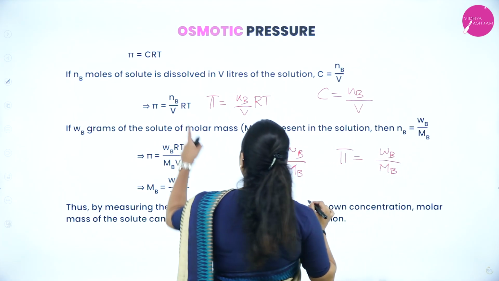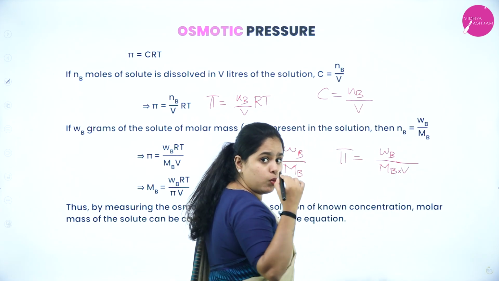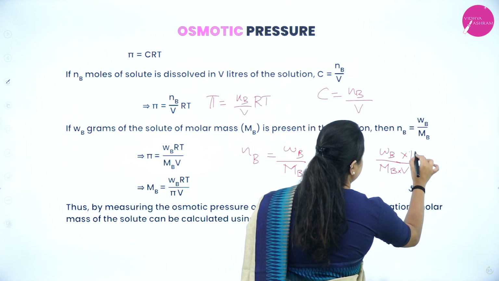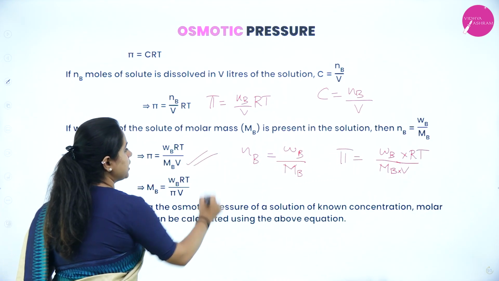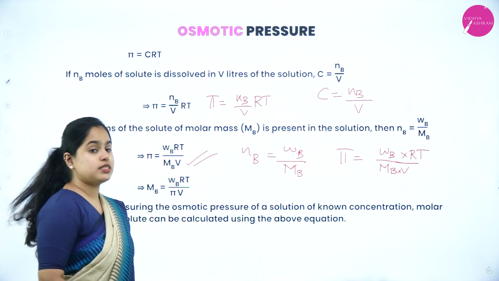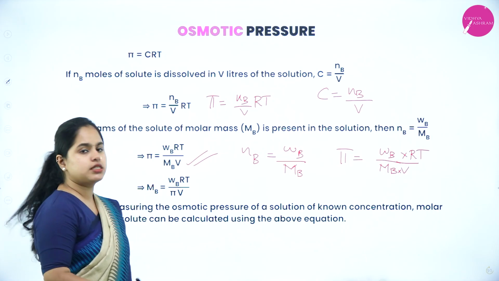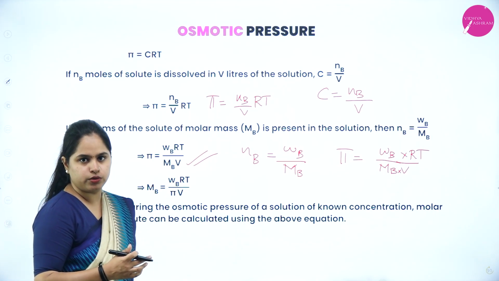MB is in the denominator, so I write it in the denominator itself. RT comes in the numerator. So, this is the equation you get: pi equals WB RT by MB into V, where WB is the mass of the solute, MB is the molar mass of the solute, and V is the volume of the solution.